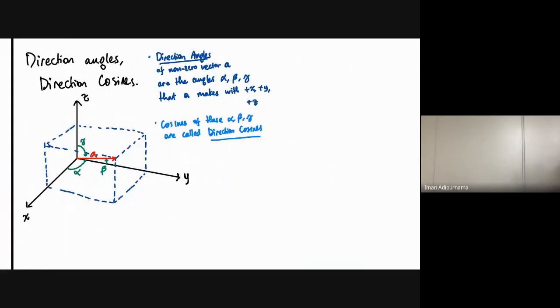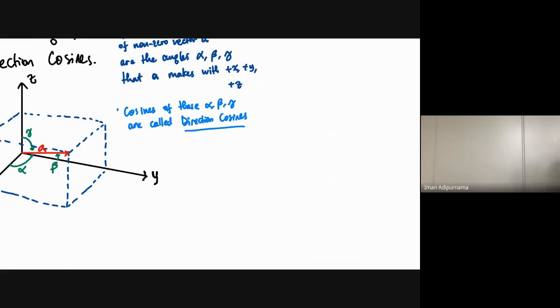Now we can apply each of the angles. Let's say cos alpha is A dot i. This i is just one unit length.